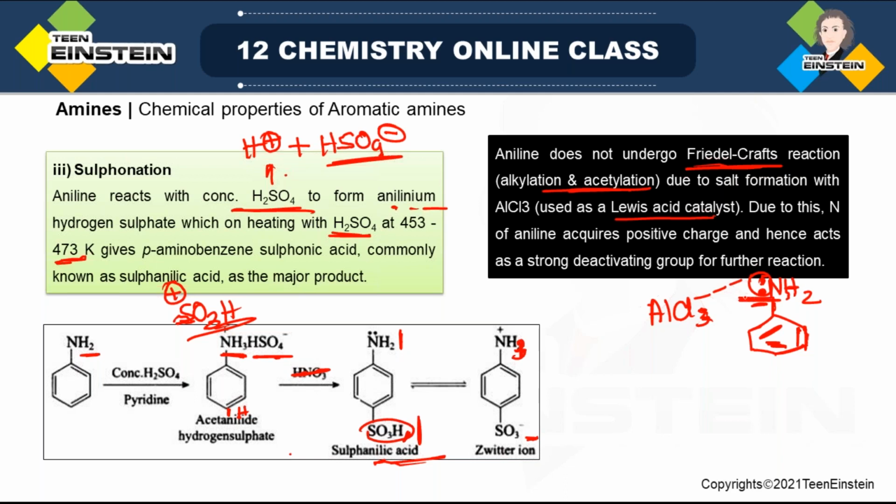Now once the nitrogen is becoming positive because of this type of complex formation, you can also write it like this: NH2AlCl3 together, but now N because of this extra bond with AlCl3 it will be positive, and as it is acquiring positive charge, you cannot expect it as a very good electron donating group. Now when it is free NH2, it is a very very good electron donating group.